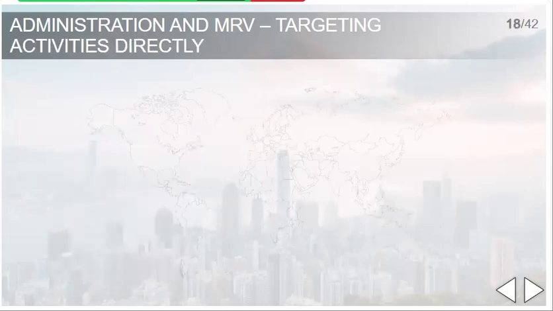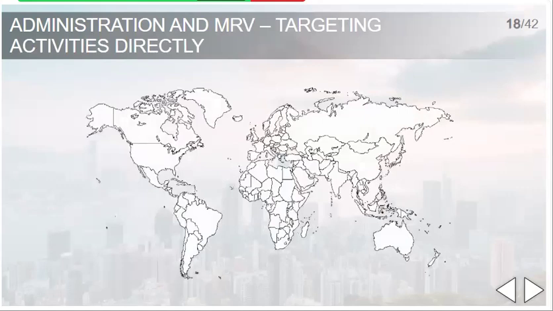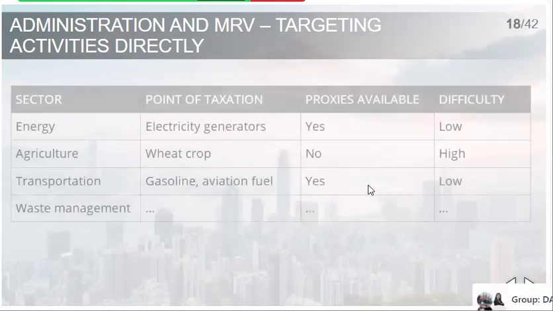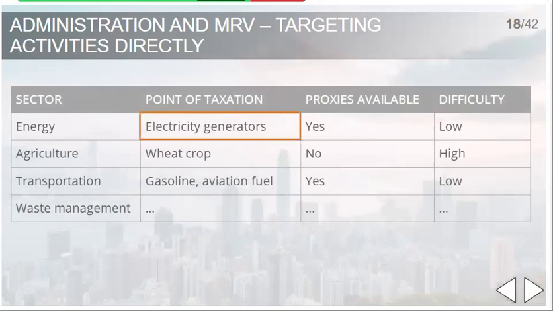A limited number of countries have targeted gas-emitting activities directly, most notably Chile, Singapore and South Africa. For certain activities, reliable proxies and emission factors exist. For instance, the measurement of emissions from electricity production by generators typically follows well-established procedures in most jurisdictions.